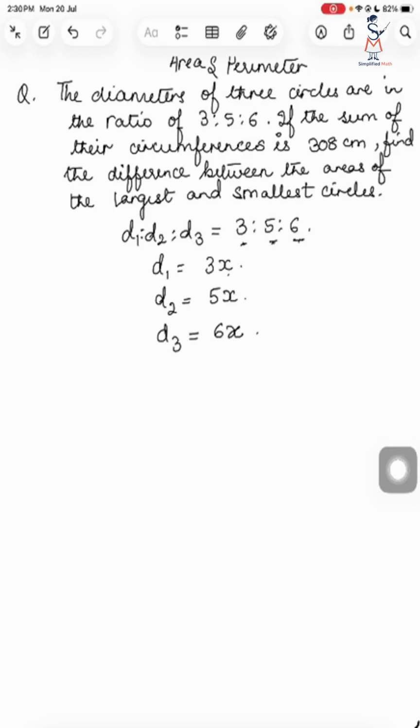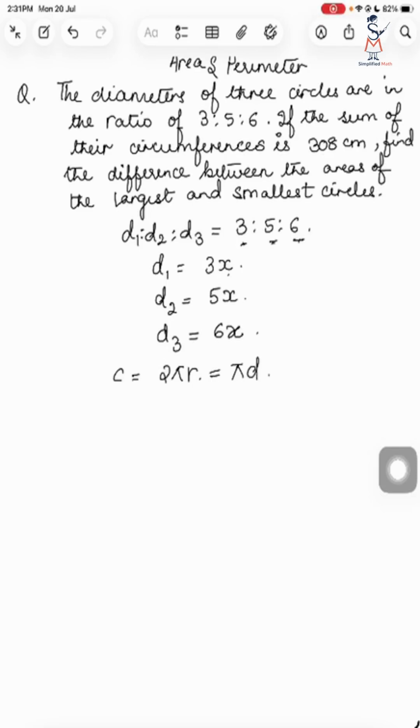Now what is the given condition? The sum of their circumferences is 308 centimeter. The circumference is 2 pi r, that is also called pi d because 2r is d.